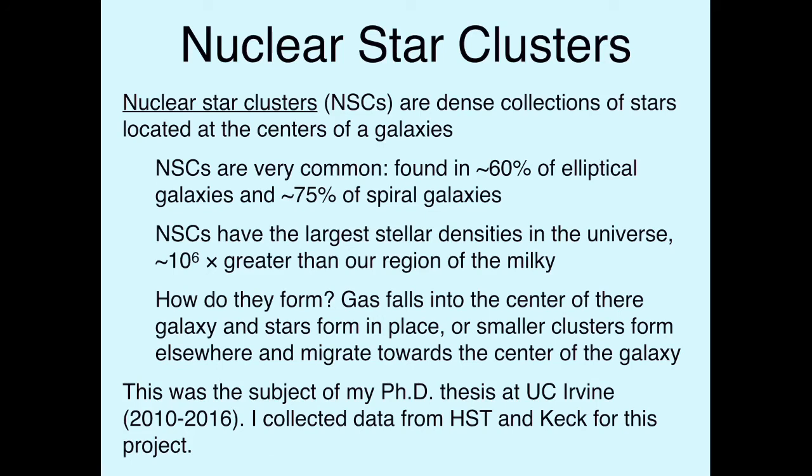Another theory is that you have smaller clusters of stars that form elsewhere in the galaxy, but then they migrate inwards towards the center, and they all merge together to form this very large nuclear star cluster. So, in my research, I helped get a better sense of the answer to this question, and the answer is it's kind of complicated. It's probably a mix of both of these effects.